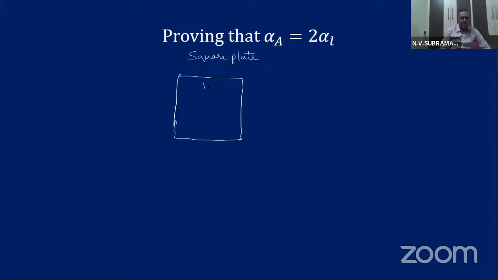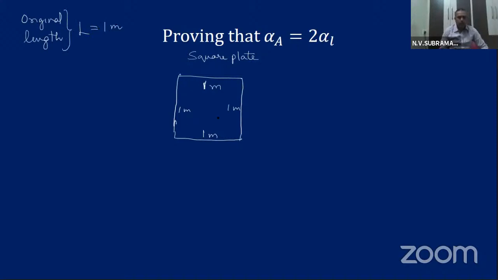What is the side of this plate? 1 meter. Side 1 meter, 1 meter, 1 meter, 1 meter. This I hope is clear to you. Now let me write the steps. The original length of this square plate, capital L, is equal to 1 meter.